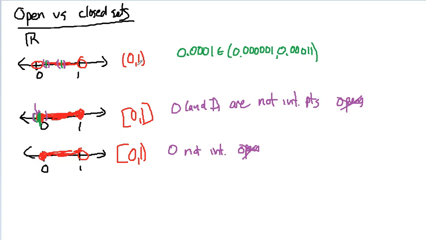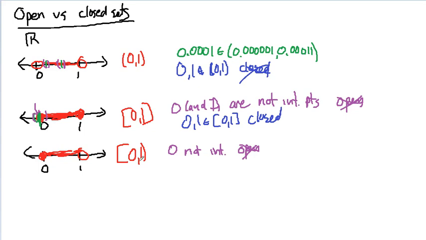This one doesn't have 0 and 1, so it can't be closed. Here, 0 and 1 are in it, so it is closed. And over here, 1 is not in, and 1 is a boundary point, so not closed.